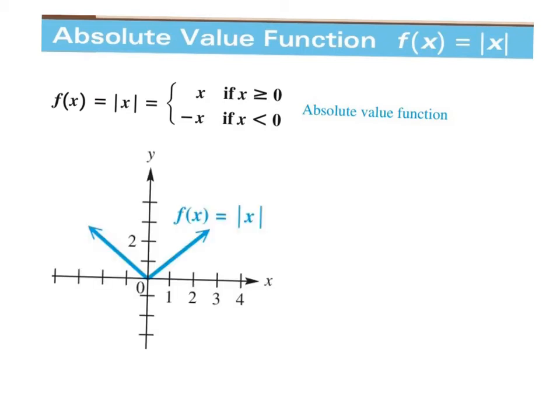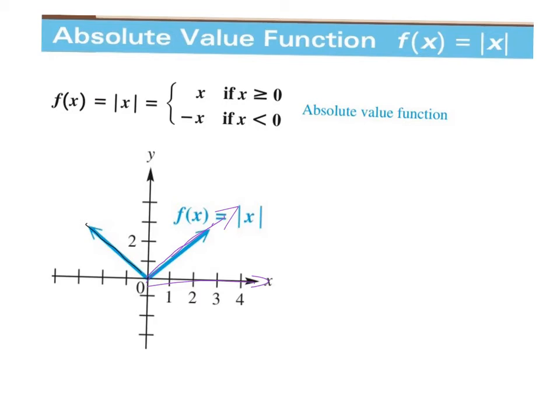Notice for the absolute value function, for all the non-negative x values, it's defined by f of x is equal to x, the linear function, but for the negative values it's defined by this other function.